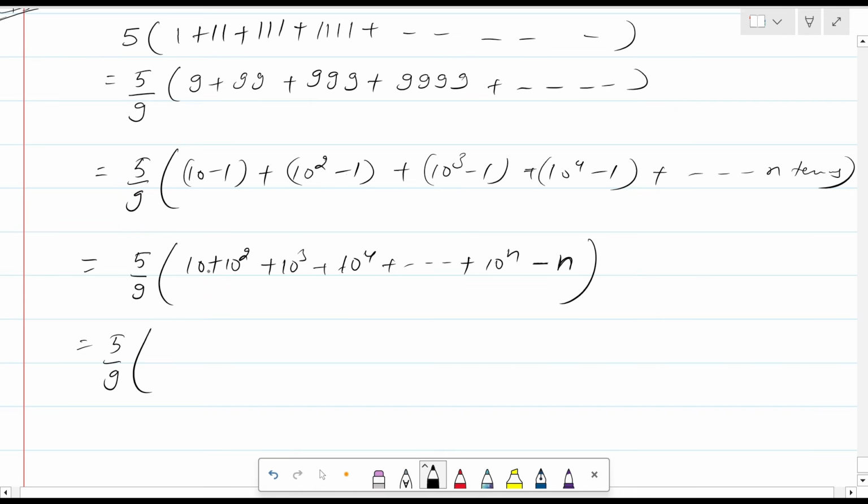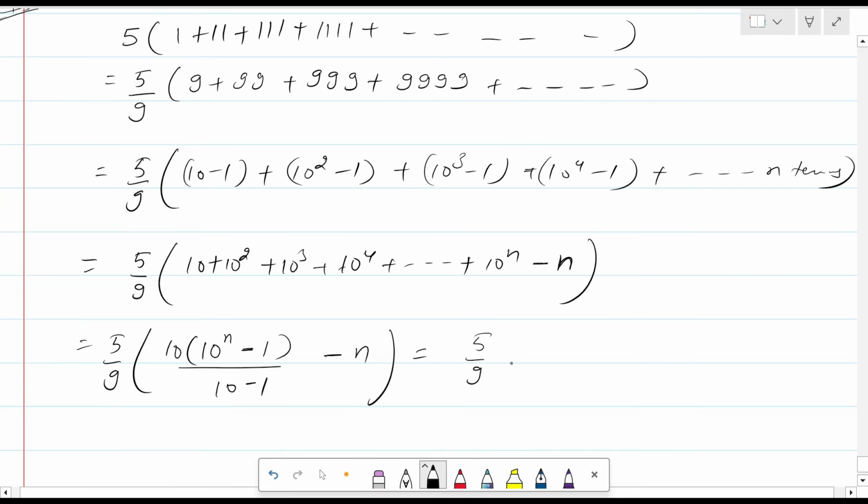So clearly we can see this is a GP. How can we solve this? First term is 10 and r is 10, so 10 raised to the power n plus 1. Here it is only n minus 1 term, so we are writing r to the n minus 1 upon r minus 1, minus n.